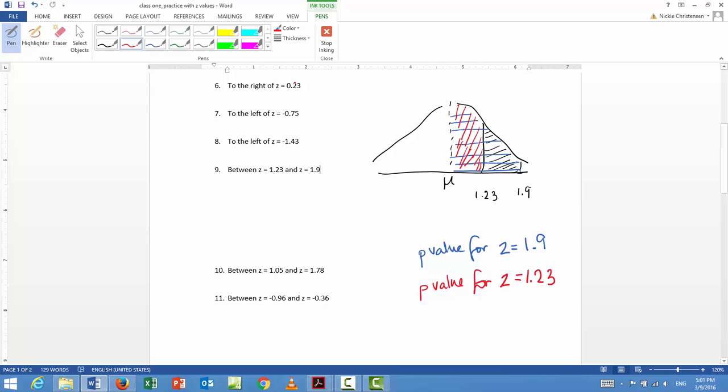If you understand the characteristics of the curve, you can see that we can take all of this blue, and if we subtract the red, we're going to be left with the black, which is what we want. So let's go ahead and look up our p-values and then we can solve the problem. First, we want the p-value for z equals 1.9. Let's look on our table.